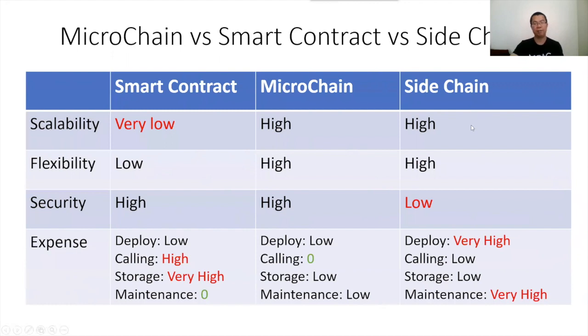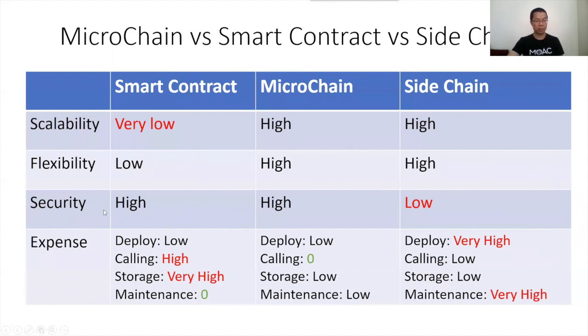And sidechain has a separate chain to do the job, so it will be very high as well. Flexibility: smart contract is low because it's limited to the baseline blockchain, like the consensus protocol and the block generation frequency, like 10 seconds or 15 seconds. For microchain and sidechain, because it's a separate chain, it's pretty high.